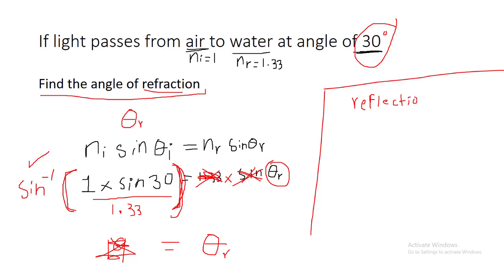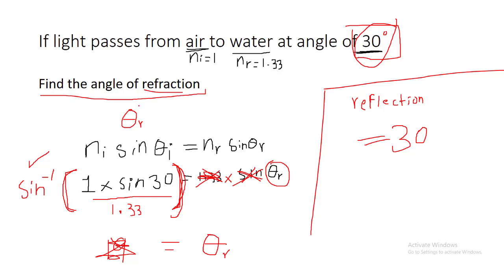You only need the law of reflection, which tells you that the angle of incidence, 30, equals the angle of reflection, which also equals 30. So I may ask you, find me the angle of reflection, find me the angle of refraction. For angle of reflection, you don't need equations. You just solve the question according to the law of reflection, which says angle of incidence equals angle of reflection. 30 equals 30, 40 equals 40, and so on.